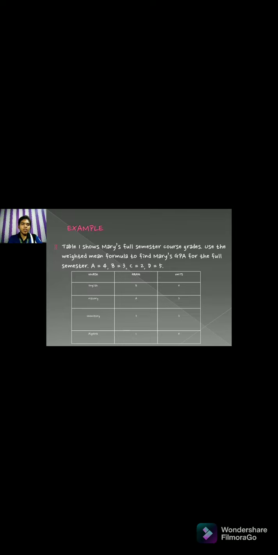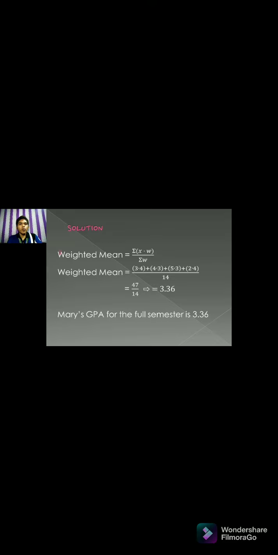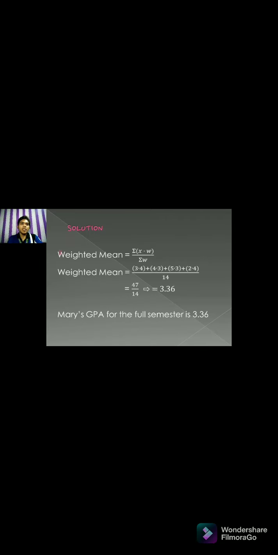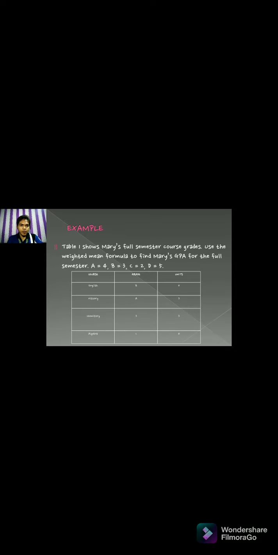To get the weighted mean, we will be using the formula that was given. Weighted mean is equal to the summation of x multiplied by the weight over the summation of weight. So, we're going to input the given data in the formula. Weighted mean is equal to 3 times 4, since we have our x, B, which is equal to 3, and its unit will be our weight, which is 4.